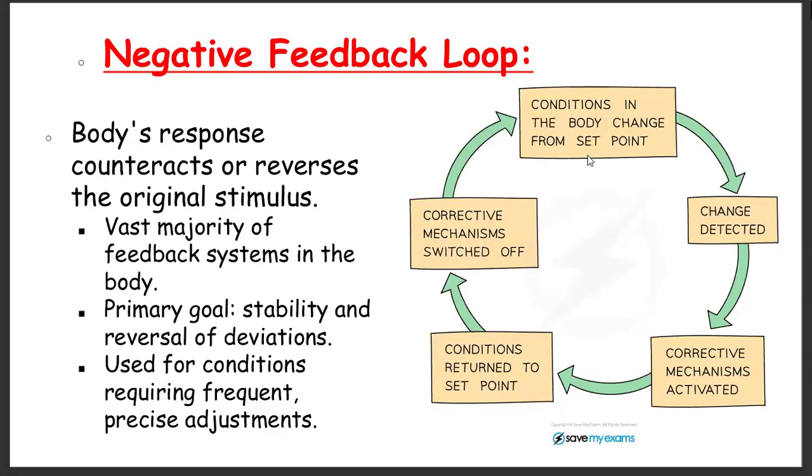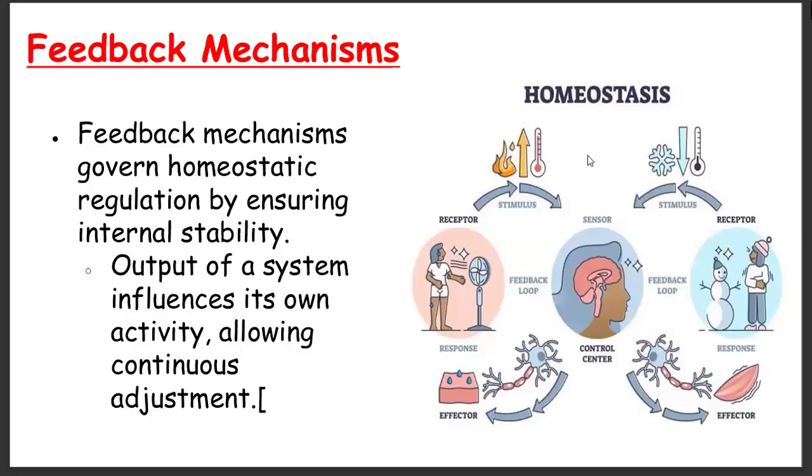So there are two types of these feedback loops. This one that I've indicated here is a general feedback loop where you have a sensor. A receptor, which is also called the sensor, is going to detect the stimulus, a change in the internal environment.